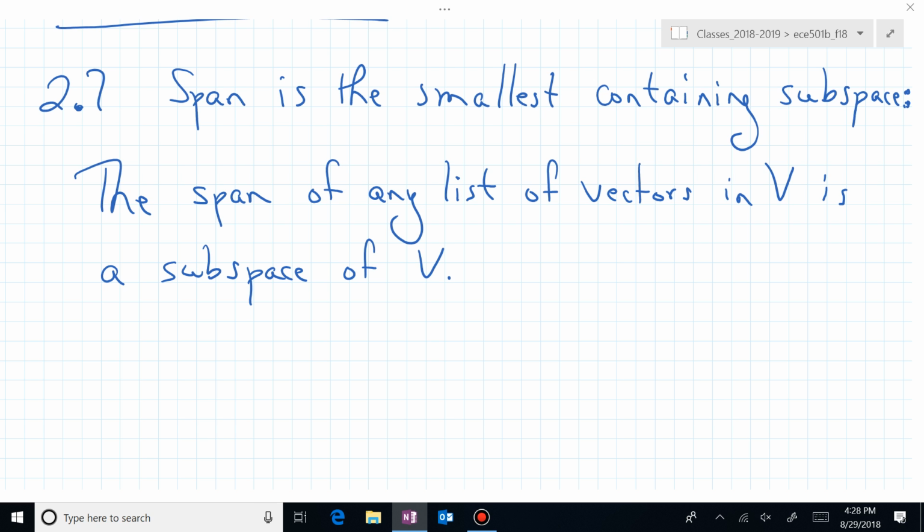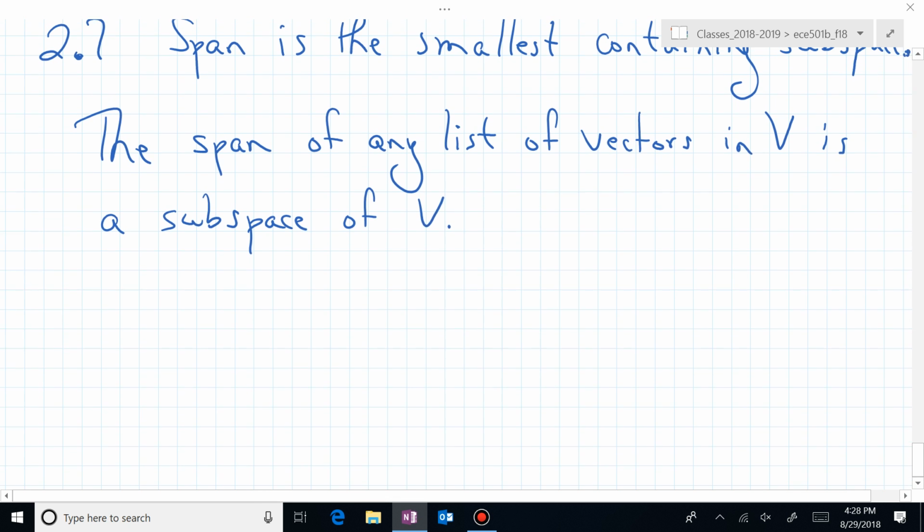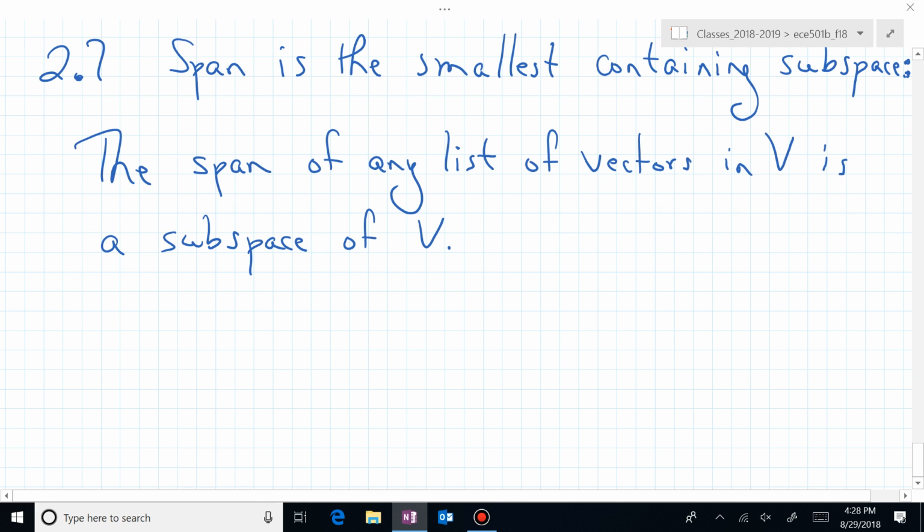X-axis, Y-axis, any line that goes through the origin. That's the other type of subspace. And we had two lines that were not overlapping, and that was then capable of spanning the full space.